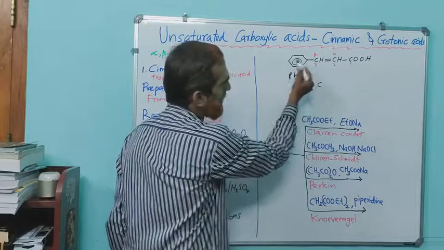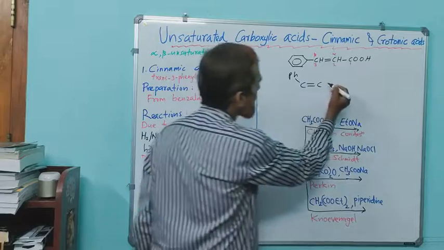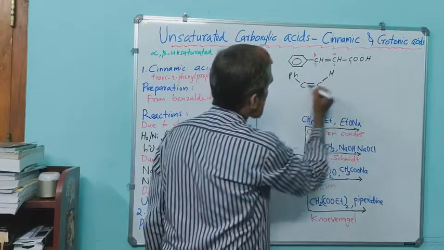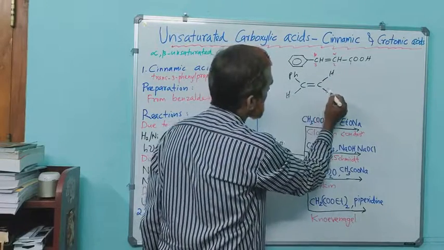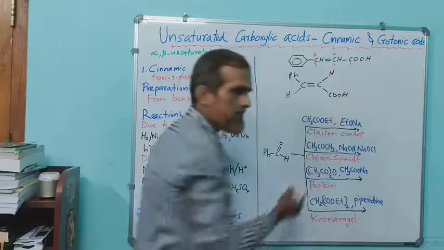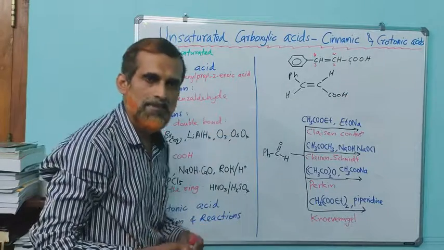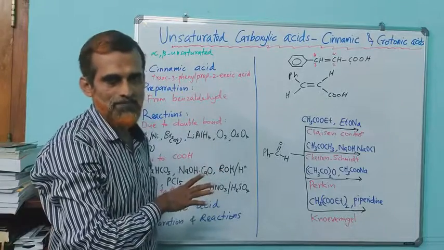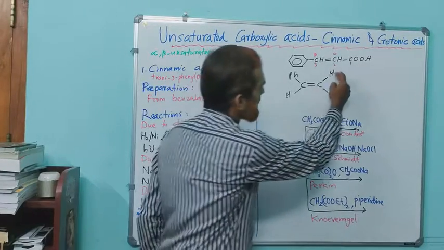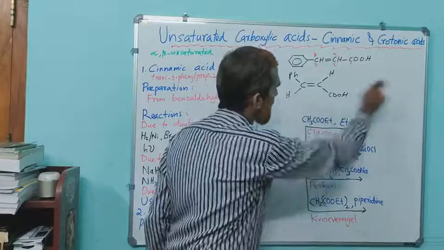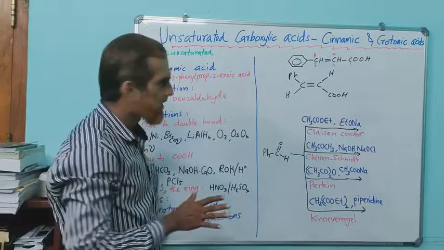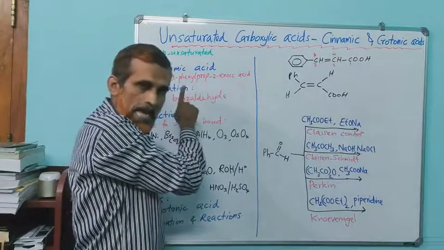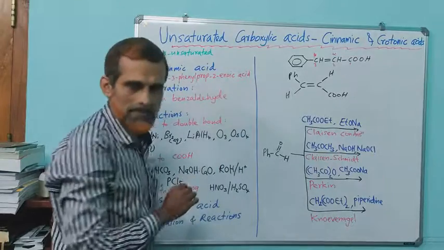I am writing the phenyl group by the symbol Ph, H here and COOH. This is which form? Trans. So the trans isomer is cinnamic acid. That is, the two hydrogens are on opposite sides of the double bond. So the complete name is trans-3-phenylprop-2-enoic acid.